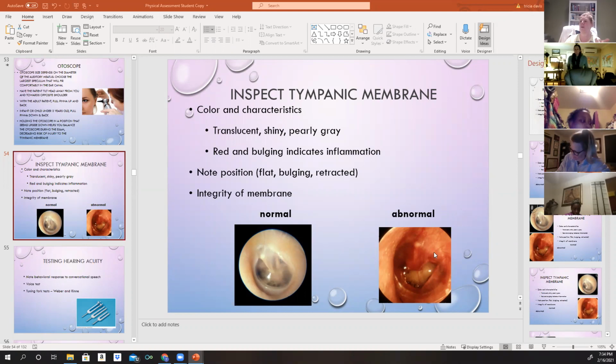But you always run the risk of having some type of permanent hearing loss from that. So you want to see that translucent, shiny, pearly gray. That's what you want to see. You want to note if it's flat or if it's bulging or retracted, and then the integrity of that membrane. So is it open? Is there a hole in it? Is there anything draining from it?